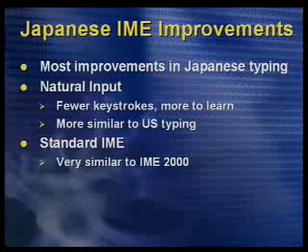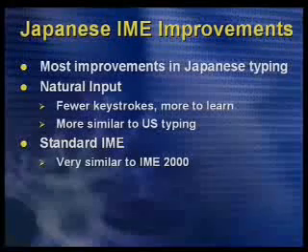First of all, there are actually 2 input method editors for Japanese this time around. One is called Natural Input, and this is a radical departure from previous Japanese input method editors in that it focuses on allowing users to enter text with fewer keystrokes. Unlike typing in Western languages, Japanese typing and East Asian typing in general is done phonetically, and then there's a conversion process to kanji characters or other characters.